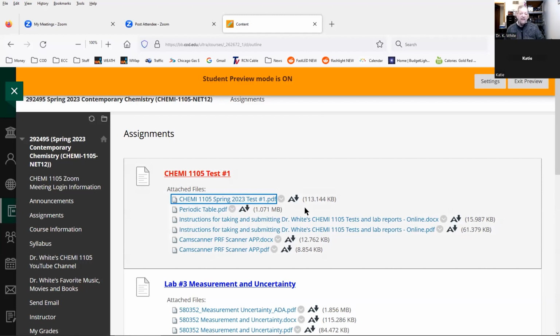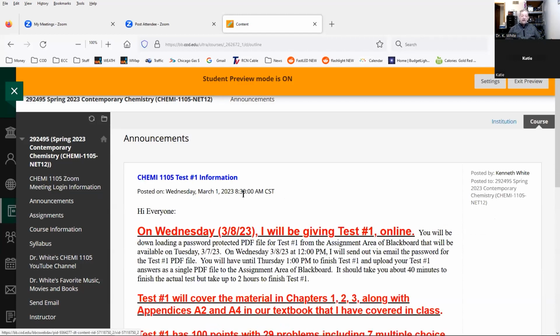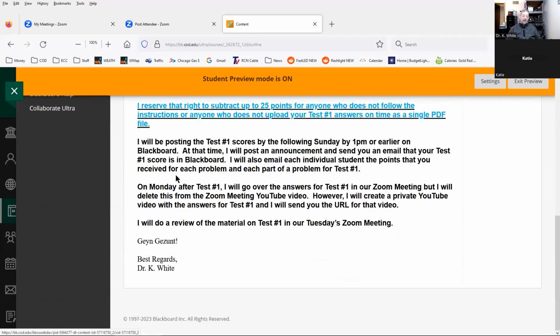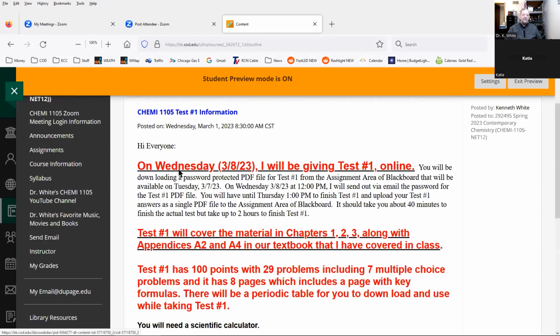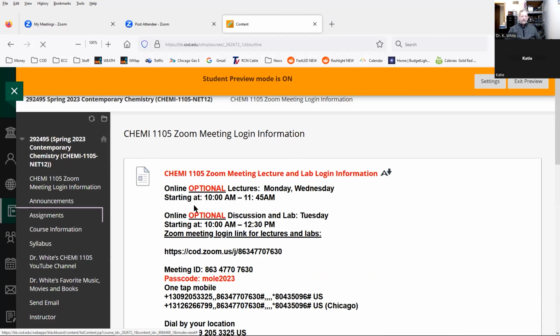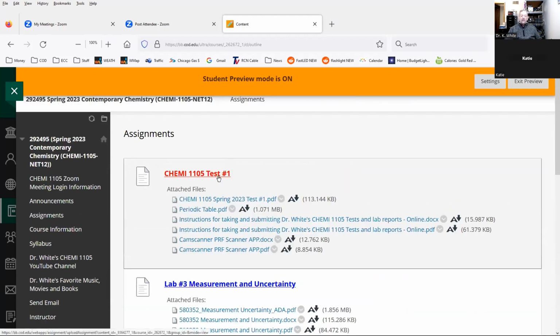Now, you probably got an email today from me, well, you should have, with the announcement that I sent out last week, but I took out the part with the password. You can't download test number 1 without the password, so you can't do it today. You'll have to wait till tomorrow. But when you do download test number 1, here's the periodic table you should use.